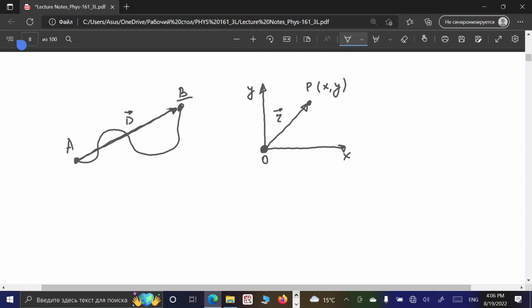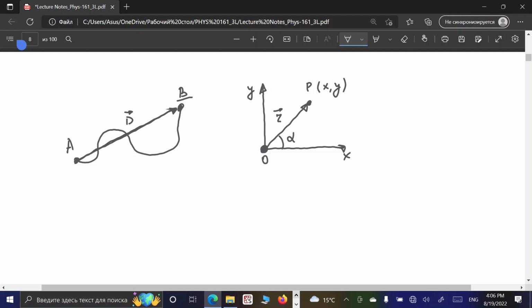Now, besides this position vector, we have also some angle alpha, which is formed between this position vector r and axis x. So now we have also 2 quantities.